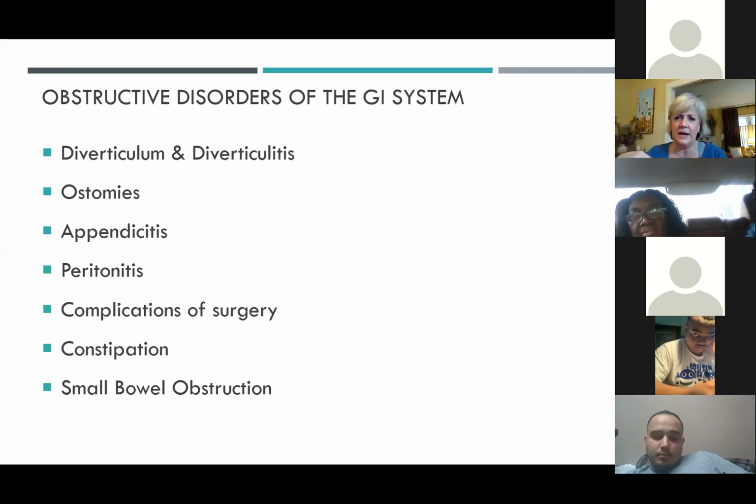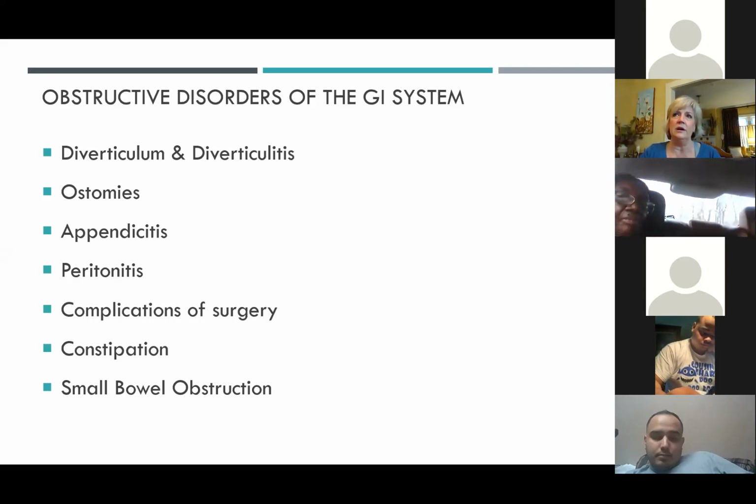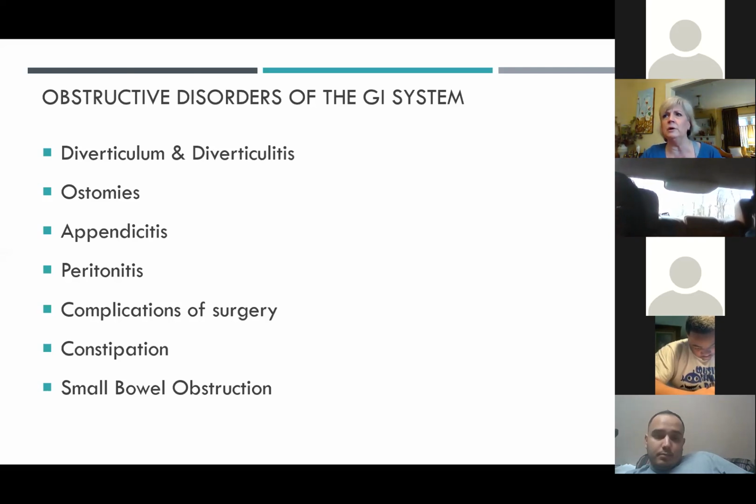So we have to watch that really carefully with an ileostomy because they're going to have a large output. And then we also worry about the stoma's health, the creation of that. And so the stoma needs to be cherry red. That's usually the color. Purple, dark, dusky, pale is not a good, healthy stoma.